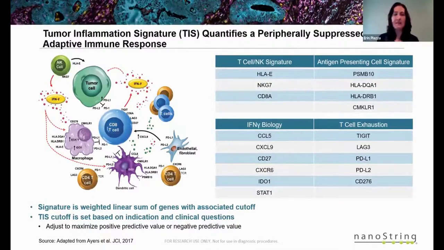But in this case, owing to the fact that the tumor inflammation signature was developed from targeted panels that were already focused on the biology of interest, Merck was very quickly able to get to an informative and biologically meaningful signature for response to pembrolizumab. The signature is a weighted linear sum of genes and that cutoff is able to determine whether a tumor is immune hot or cold and predicts likelihood of response to pembrolizumab and many other checkpoint therapies.